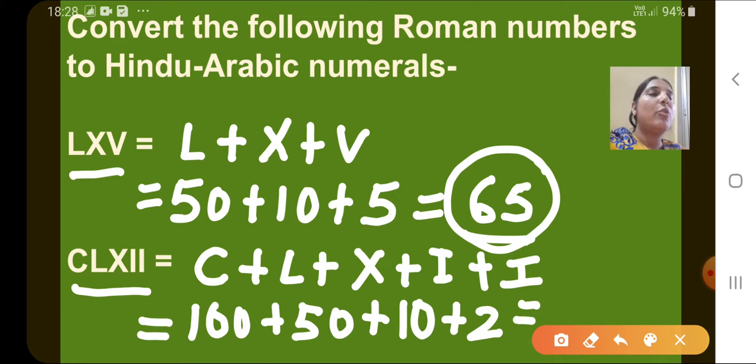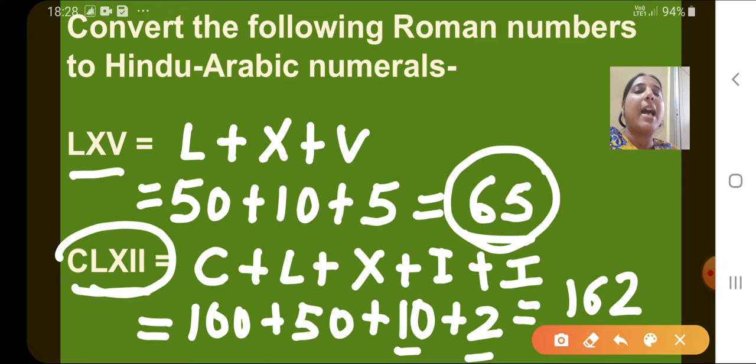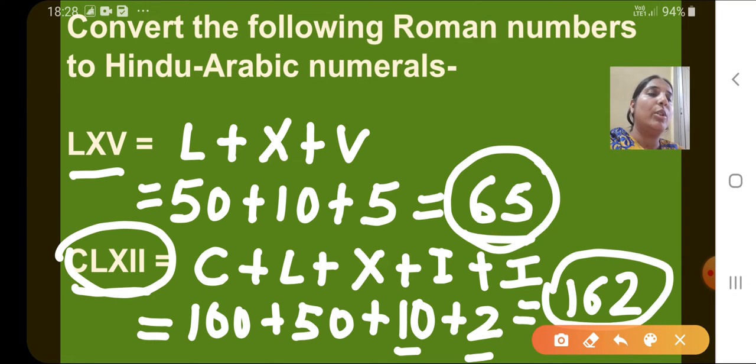Now let's add them together. 100 plus 50, 150. 150 plus 10, 160. 160 plus 2, 162. So this CLXII stands for number 162. Got it, children?